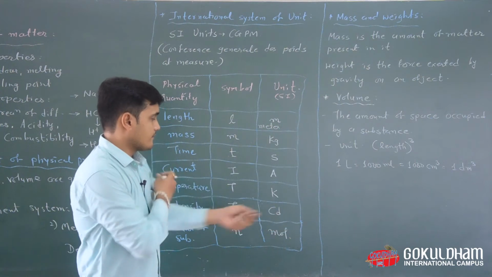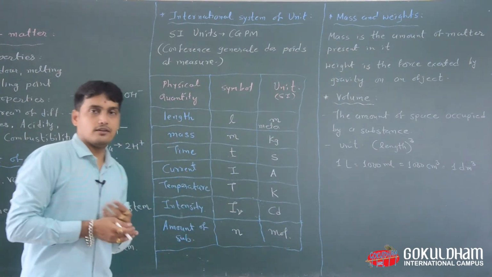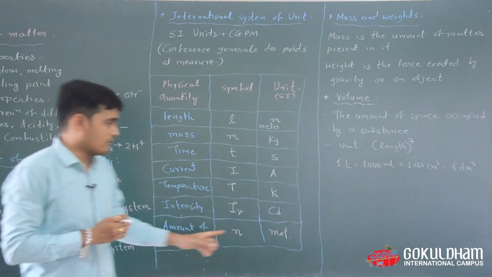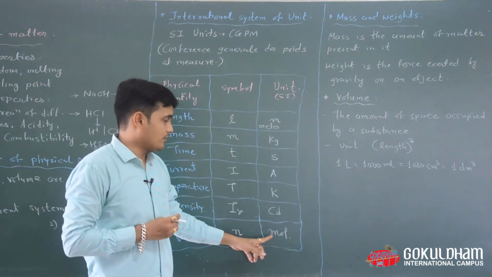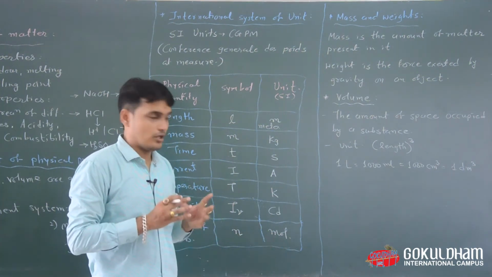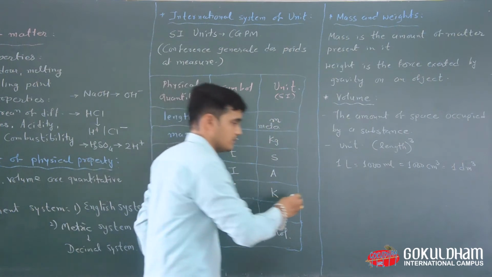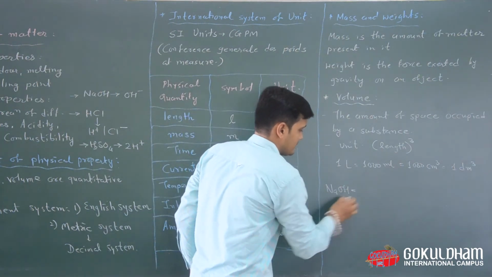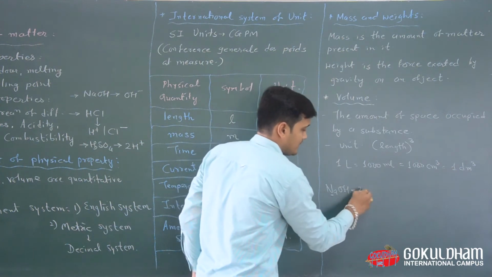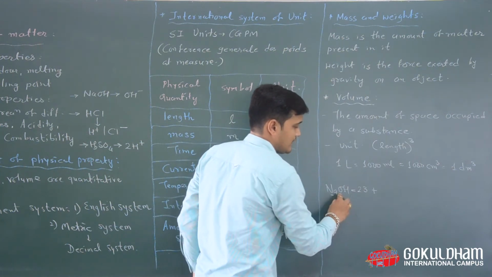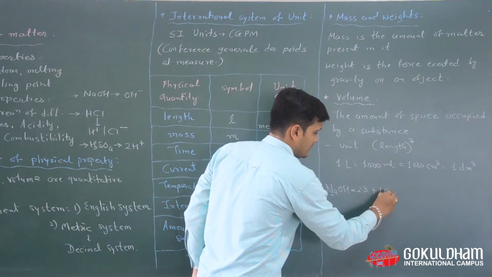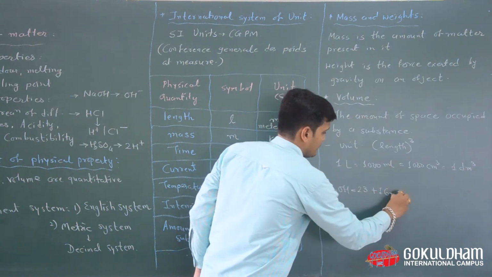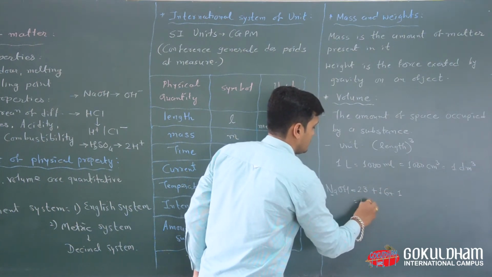Mole means, suppose I want to make 1 molar solution or 1 mole of NaOH, then you have to take the molecular weight of any substance. NaOH means sodium containing 23 plus oxygen has atomic weight of 16 plus hydrogen has atomic weight of 1. So the total is 40 gram.